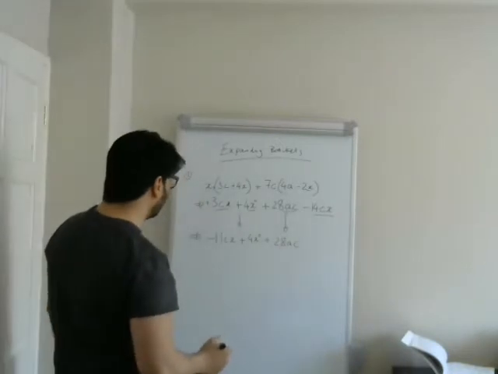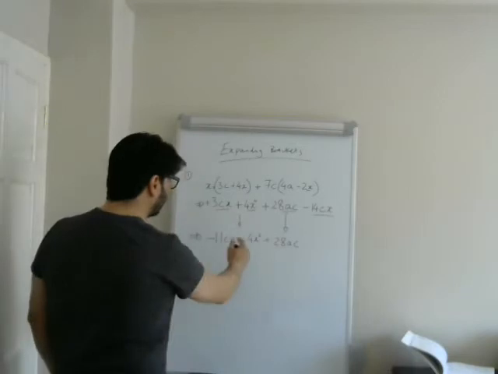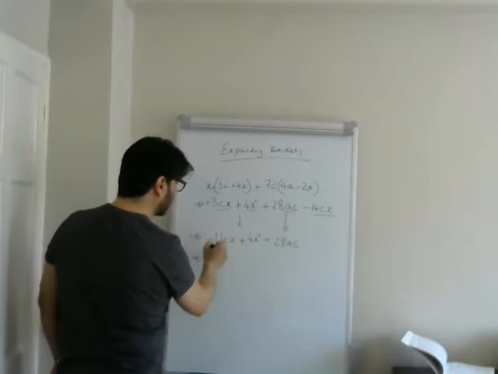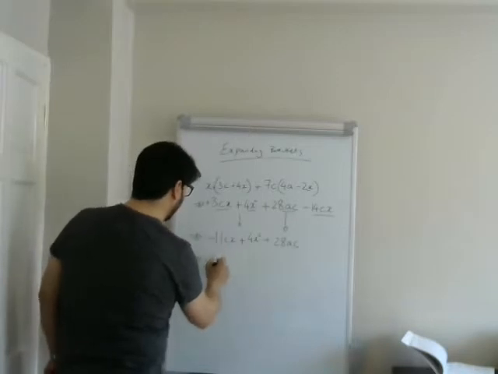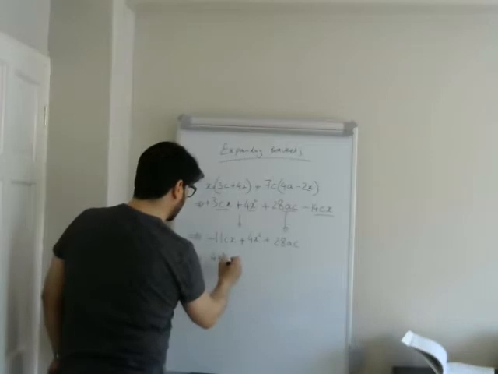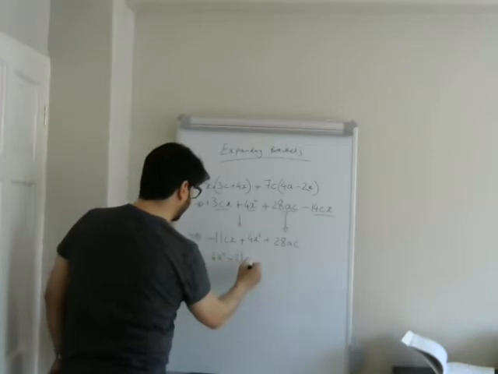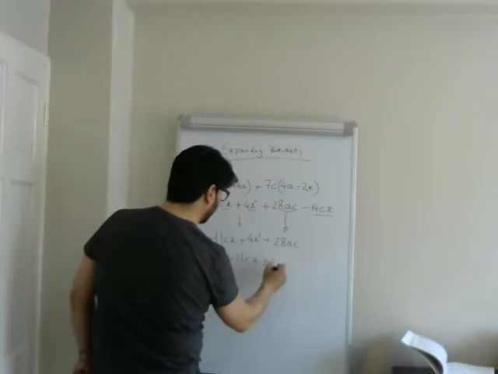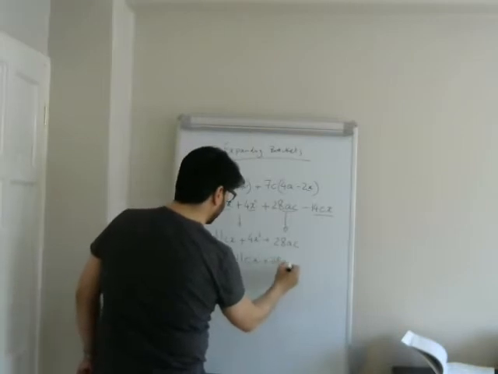Now, what you can do is you can rearrange it if you want to, if you're not happy with the minus sign here. So you can do 4x squared minus 11cx plus 28ac.